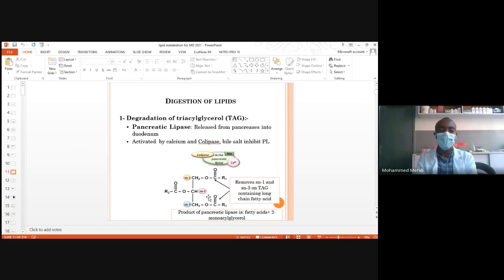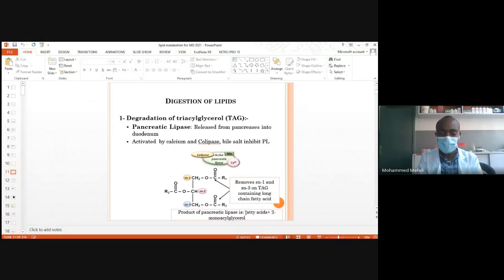Again, this enzyme is able to remove the fatty acids at carbon number 1 and carbon number 3 of the triacylglycerol, finally producing 2 molecules of free fatty acid and 2-monoacylglycerol. The number 2 indicates the carbon location. The fatty acid at carbon number 2 is not removed by pancreatic lipase, so it remains as 2-monoacylglycerol after pancreatic lipase digestion.